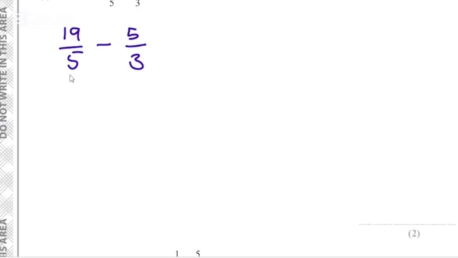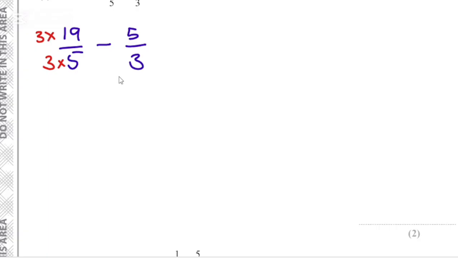At this stage, you need to know that you cannot add or subtract fractions unless they have the same denominators. When you look at these two denominators, you can see that they're different. So we are going to multiply this first denominator by the second denominator. What we've done on the denominator, we also do on top.